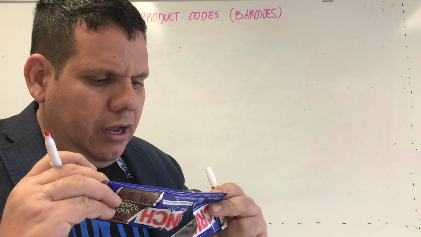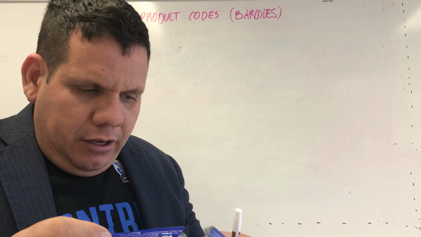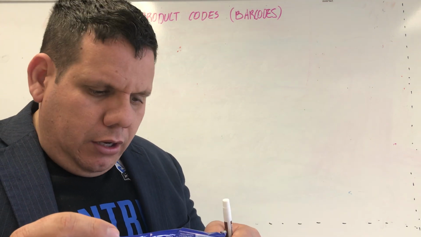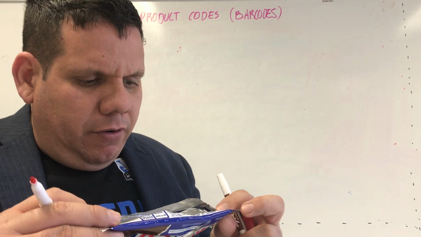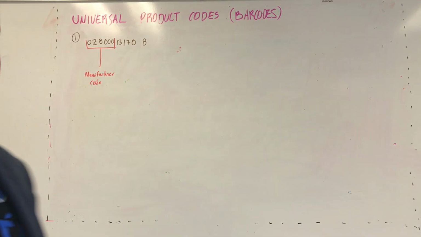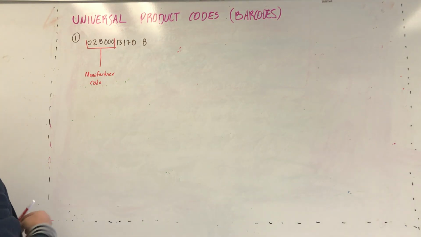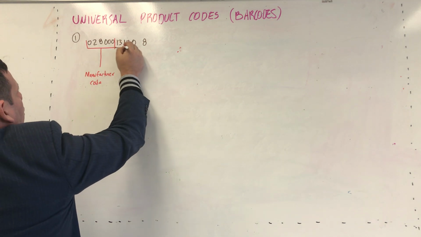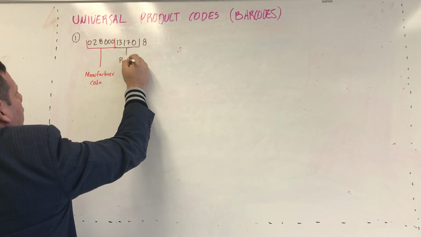Okay, it says Ferrara Candy Company, but well, in the past it was Nestle, but now it's Ferrara Candy Company. All right, so that company has this manufacturer code plus the code for the product is right here.